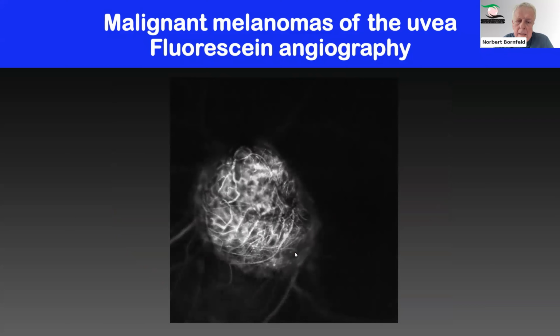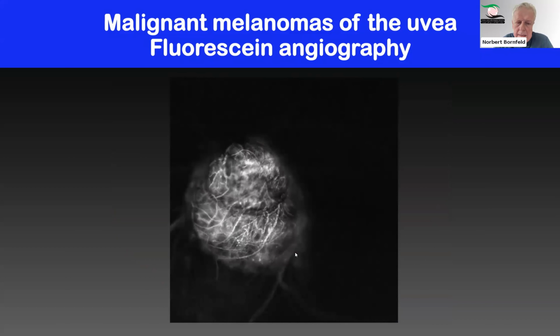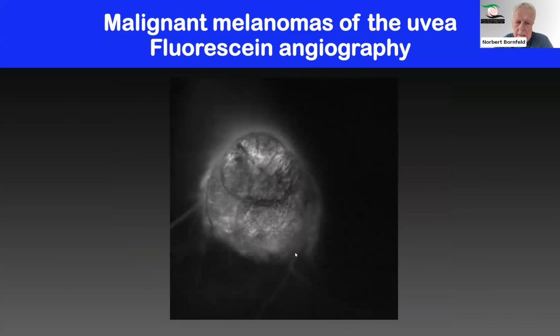And then in the later stage, the whole tumor is pooling the dye, glowing as a hyperfluorescent mass in the choroid, and that is a very typical fluorescein angiographic pattern of a malignant melanoma.